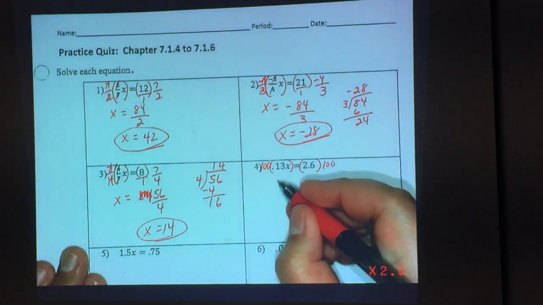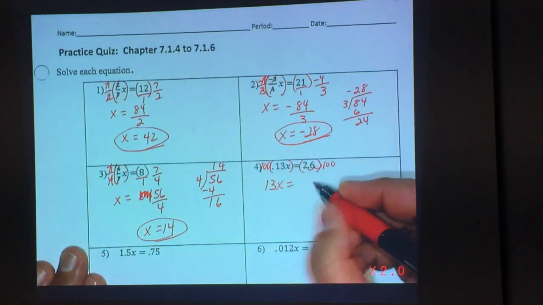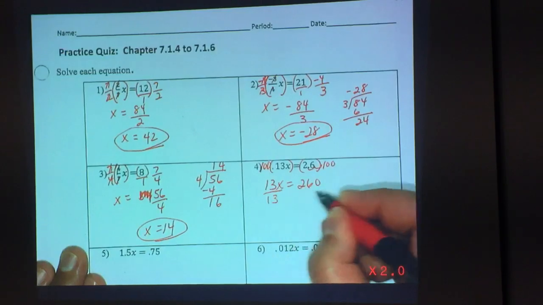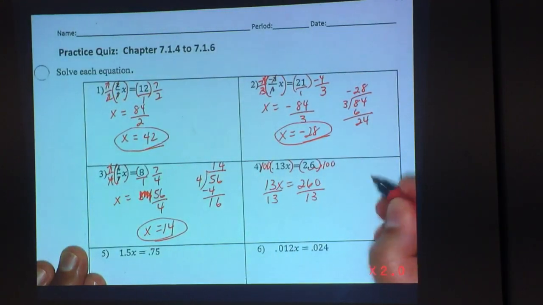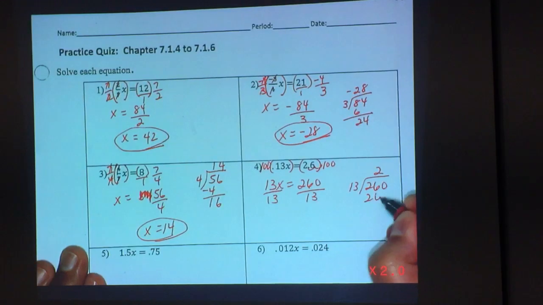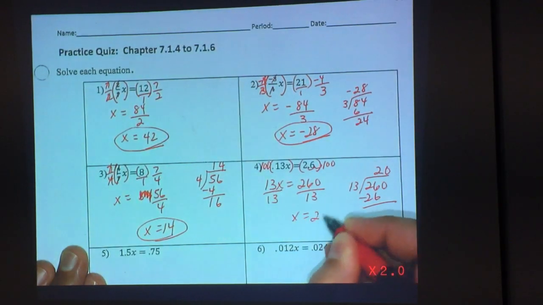So now this becomes 13x equals 260. Then divide both sides by 13. 13 goes into 26 2 times, and then there's a 0. So, x equals 20.